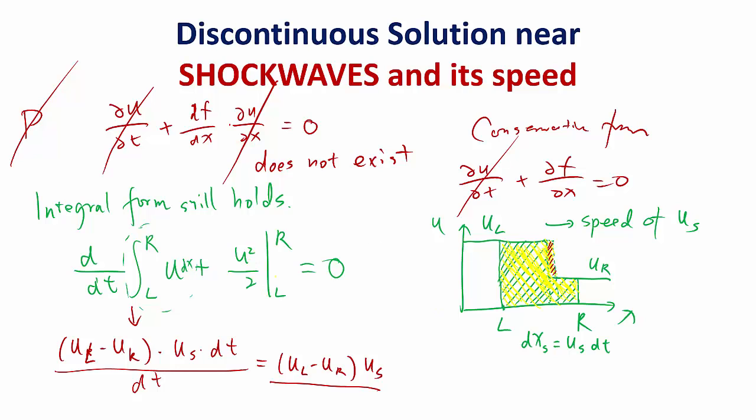What is u squared over 2? What is the boundary flux? It is of course UR squared over 2 minus UL squared over 2, right? If we take the control volume small enough that it just encompasses the shockwave, we get UL minus UR times US, which is how much the total stuff in the control volume has gained over unit time, plus UR squared minus UL squared over 2 is equal to 0.